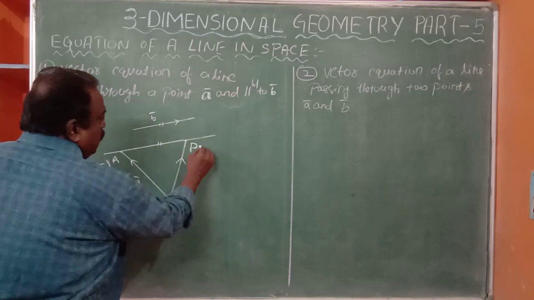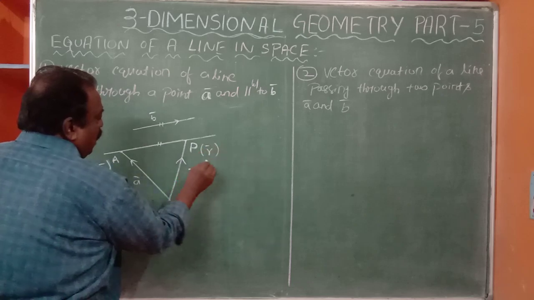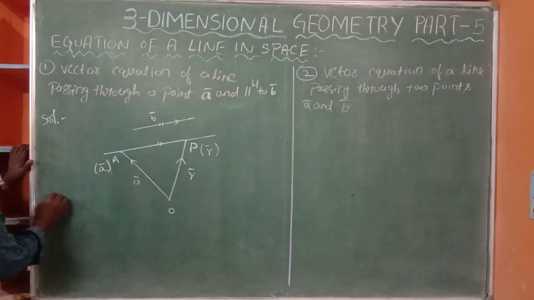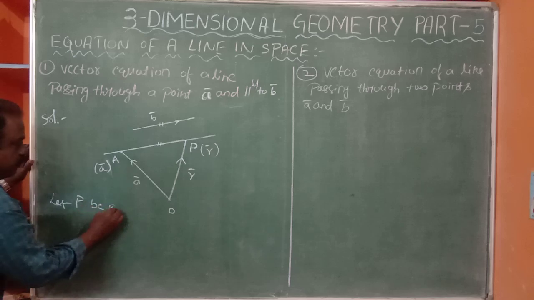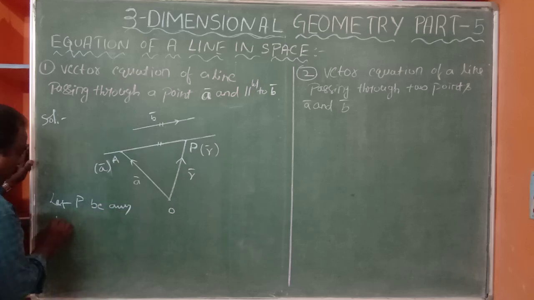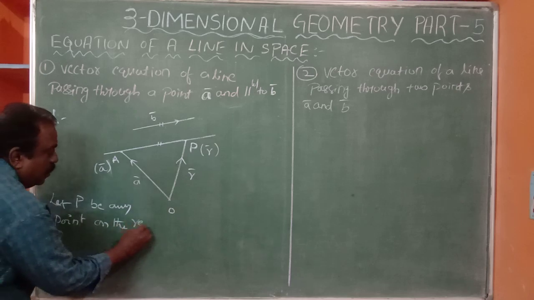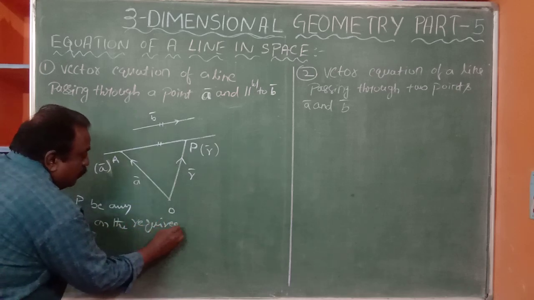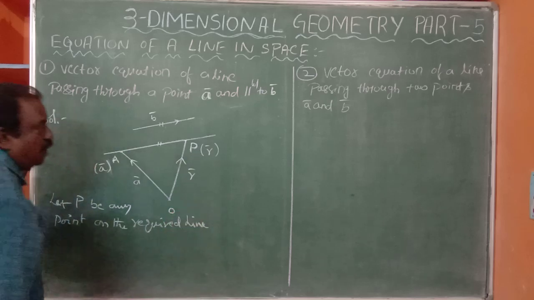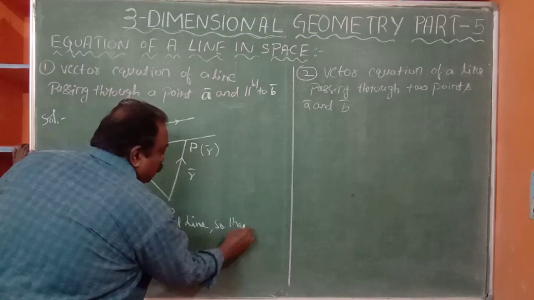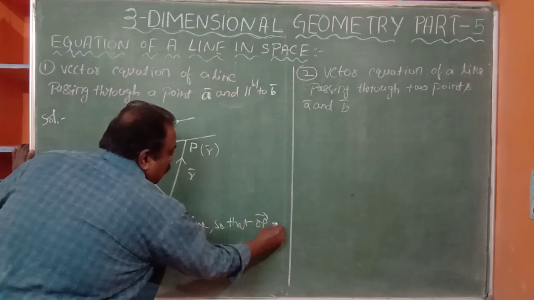Let P be any point on the required line, so that OP bar is equal to R bar.